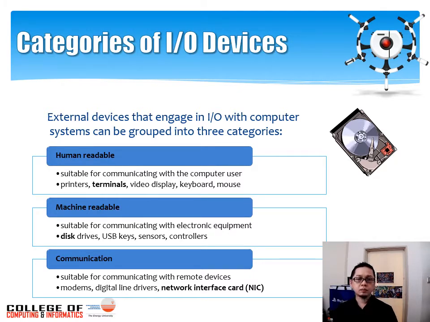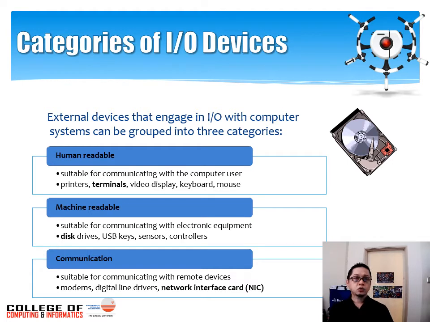And the machine readable devices are really for the computer to understand something. For example, the disk drives, the USB keys, sensors, and controllers. Without the disk drive, the computer will not actually understand whatever devices you are plugging into the hardware. And lastly is communication.